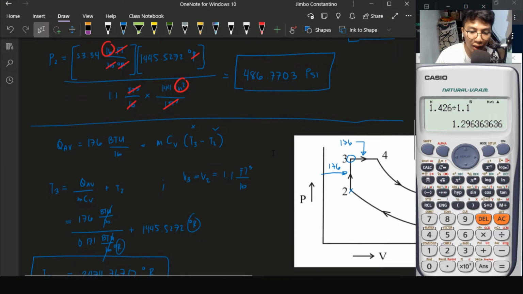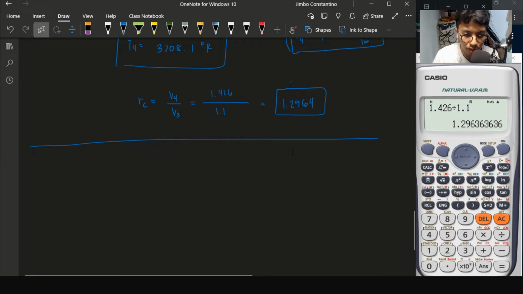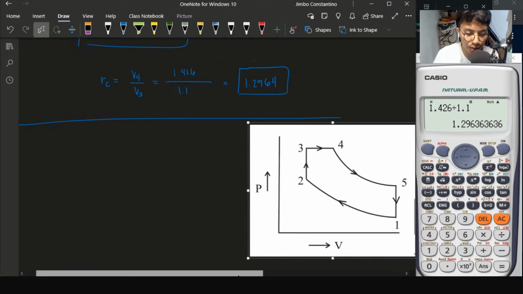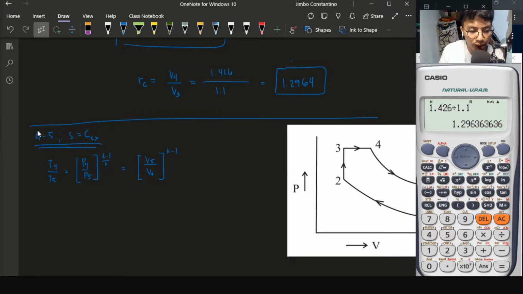Okay, what else do we need to find? The 5. Process 4 to 5. I'll copy it again here so you don't get confused. Always bring the drawing. Process 4 to 5 is isentropic expansion. This is T5. T4 over T5 equal to P4 over P5 raised to K minus 1 over K, equal to V5 over V4 raised to K minus 1, where V5 over V4 is the expansion ratio.